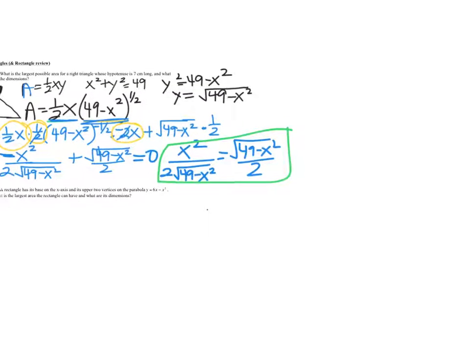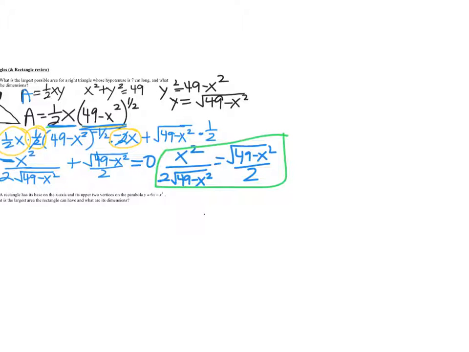So let's cross multiply, and when I do that, I get 2x squared equals, and when I cross multiply this part here, I get 2 times rad 49 minus x squared times rad 49 minus x squared, which would be 49 minus x squared. Perfect.